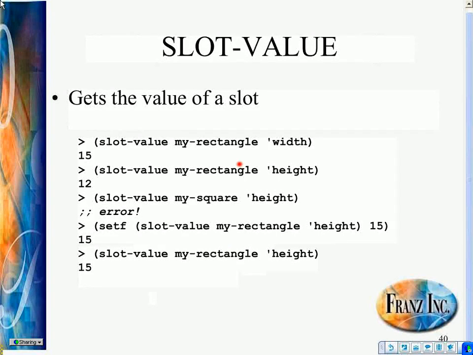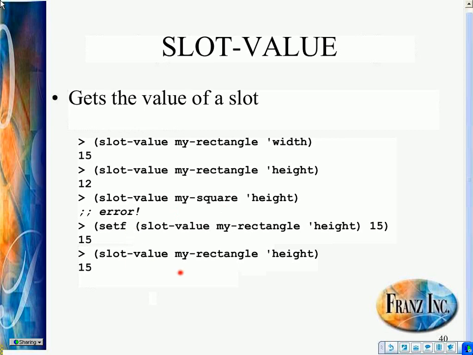So slot-value, we've talked about slot-value. Rectangle width, you can get the width slot, you can get the height slot. Notice that if you try to get the height slot of my-square, which is an instance of square, you get an error because there is no height slot for squares, only for rectangles, and my-square is not a rectangle.